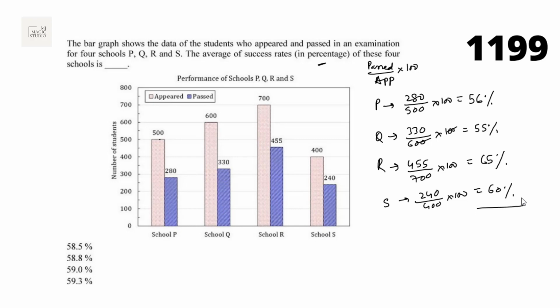Okay, now we need the total, and when we divide by 4, we'll get the average success rate. 56 plus 55 is 111, 176, 236%. Average would be 236 divided by 4, that is 59%. 59% is the average success rate of these 4 schools, that is option C.